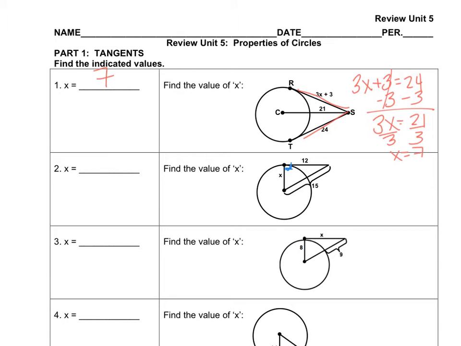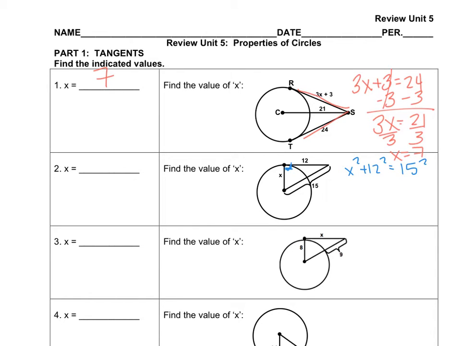So what you have is a right triangle. You're given two sides, you're trying to find the third. So you have a squared plus b squared equals c squared. Remember, your hypotenuse is always by itself. So you have x squared plus 12 squared equals 15 squared.